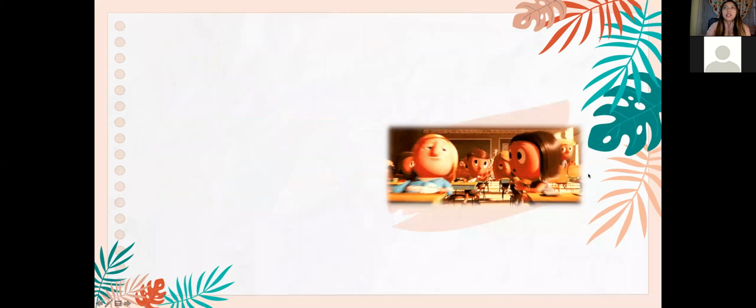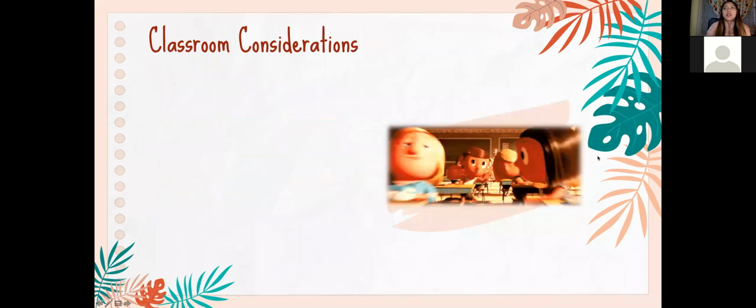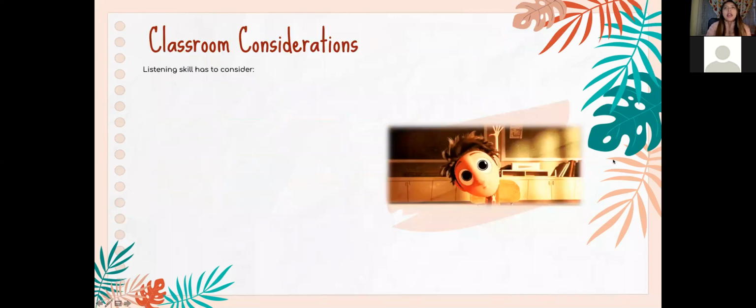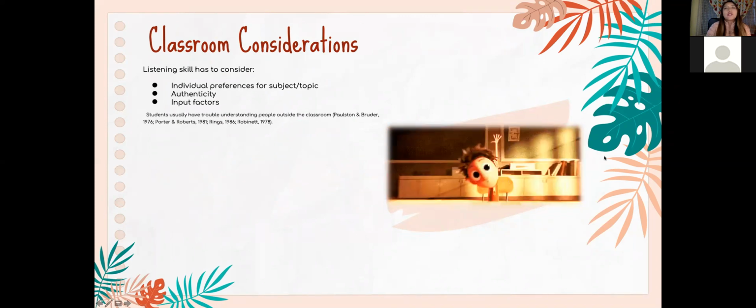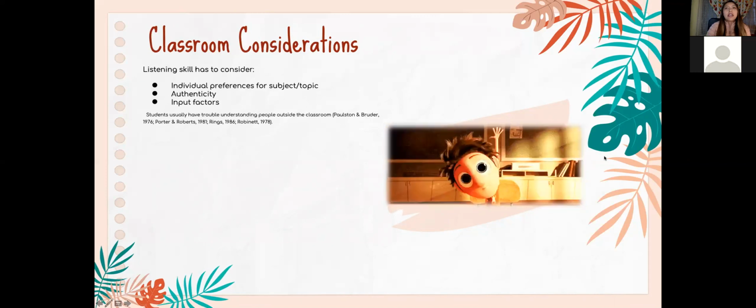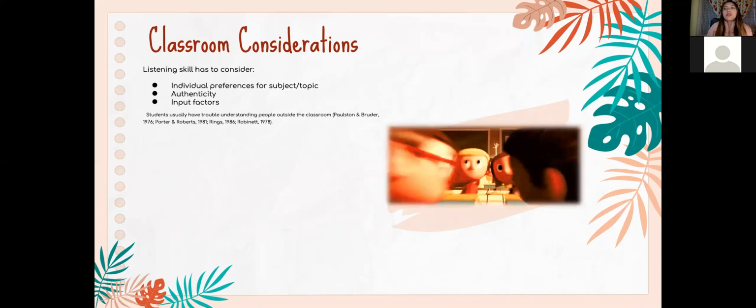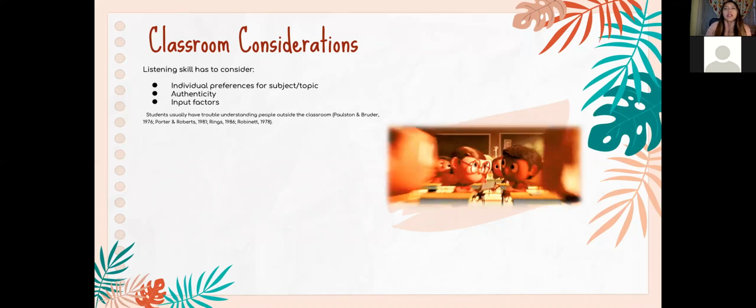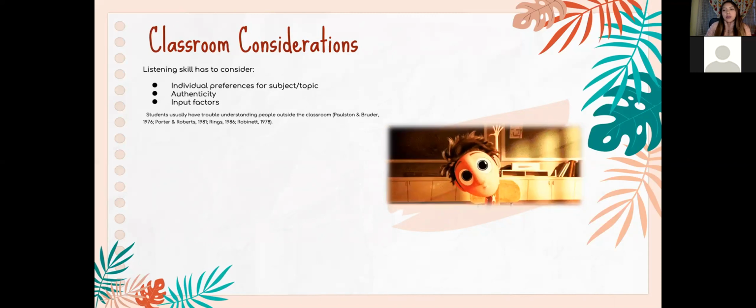So the next one, classroom considerations. When we check listening in the classroom, we have to consider individual preferences per subject, topic, authenticity, and input factors. Authenticity focuses on what kind of listening our students are going to practice or develop, because as Paulson mentioned, students usually have trouble understanding people outside the classroom.